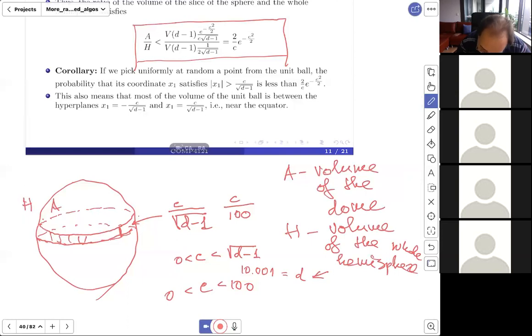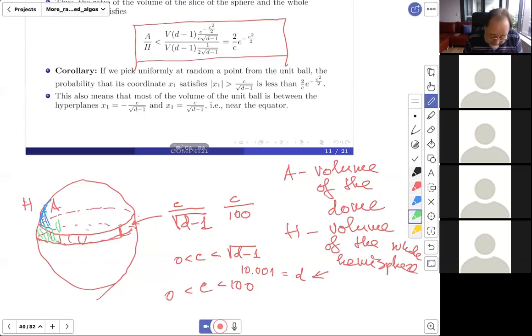In 2D and 3D, this looks almost the same. So A is this volume, and H is this thing whole, right? A is just above this parallel plane, and H is if you go straight through the center.